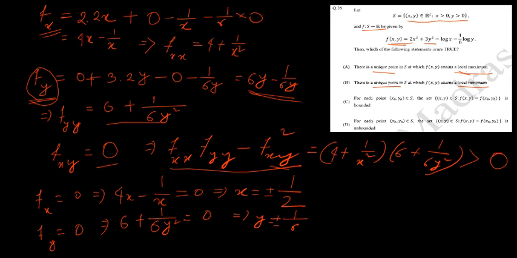But this is not plus minus, it is only plus, because x and y come from the domain S, where x is greater than 0 and y is greater than 0. Therefore the stationary point is (1/2, 1/6).